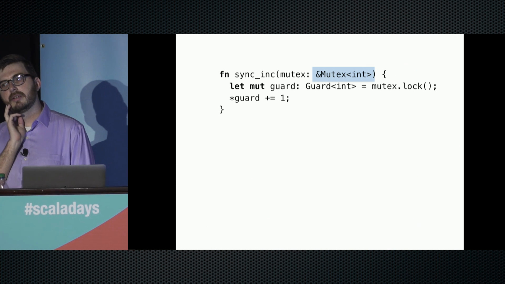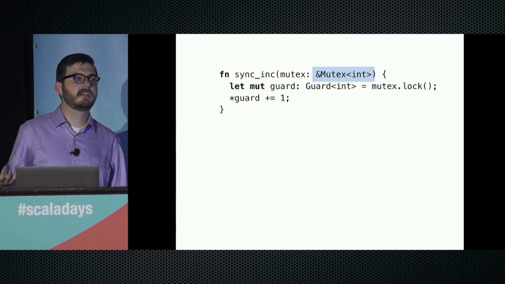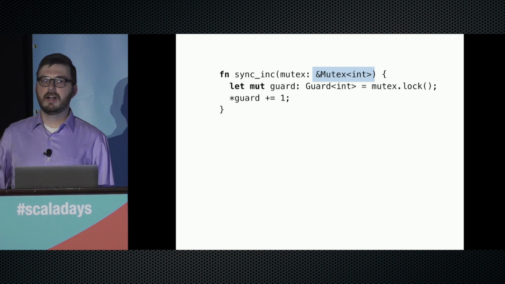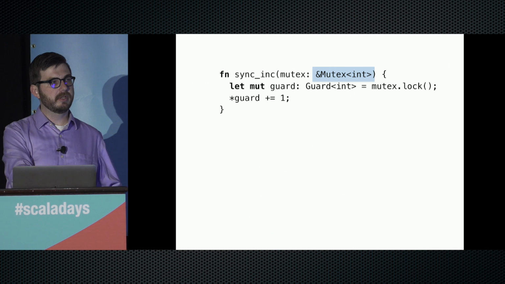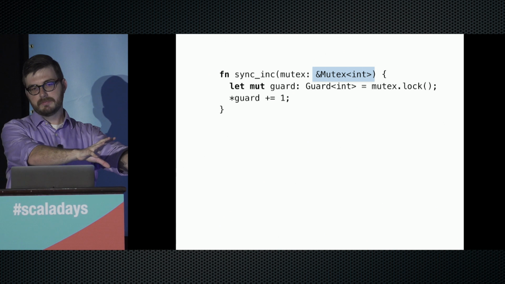What does that mean? We're actually saying up front what data it is that the lock is protecting. And in fact, when no one has the lock, the lock itself owns that data. So when we initially create this mutex, we're transferring ownership of an integer into it.